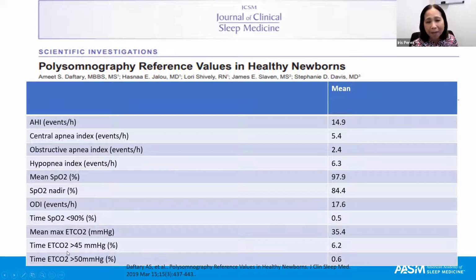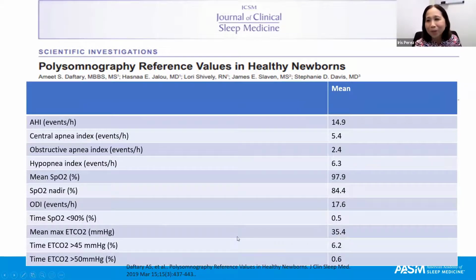The time spent with CO2 greater than 45 millimeters of mercury was 6.2% of sleep time. The mean CO2 was 35 millimeters of mercury, and above 50 millimeters of mercury was only 0.6% of the total sleep time.